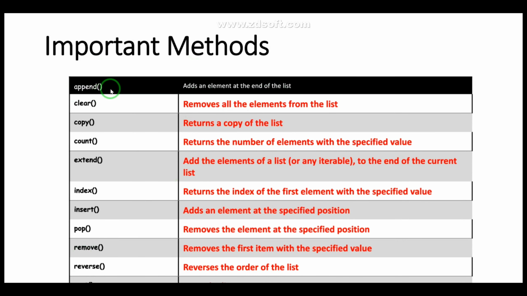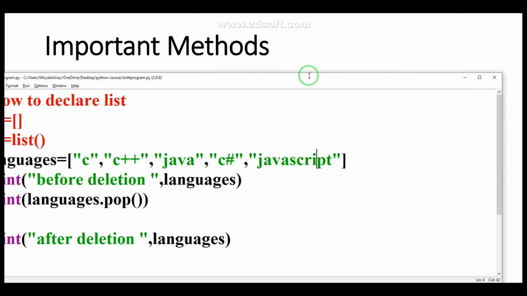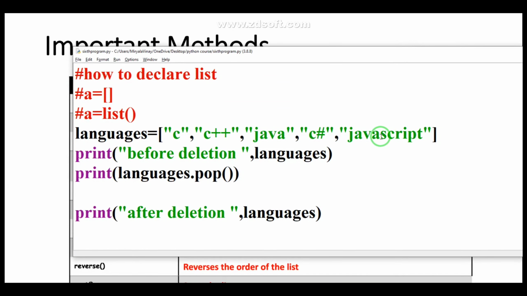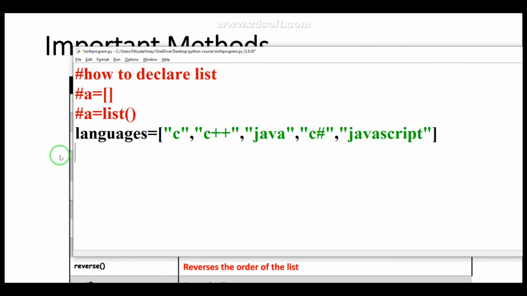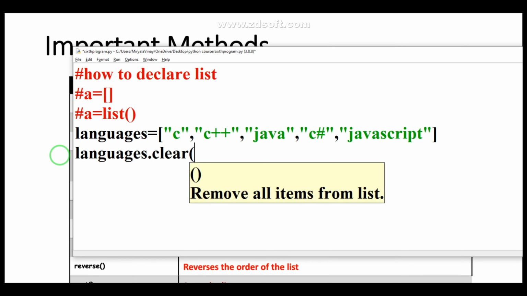The append method we have seen, it adds an element at the end of the list. So the clear method, what is meant by the clear method? It removes all the elements from the list. Let me show an example also. To delete the whole list, you can use the del keyword, but if you want to delete all the list elements, in that case you can use the clear method, that is languages.clear.